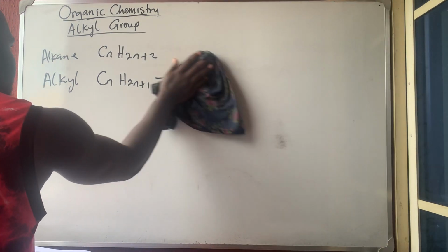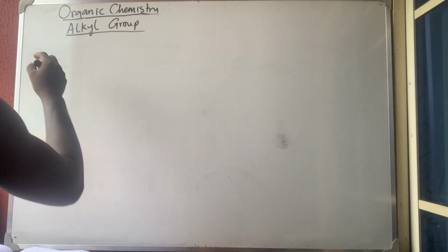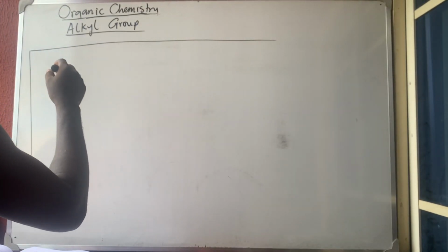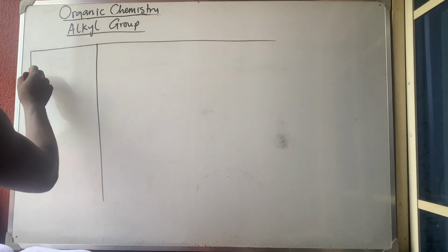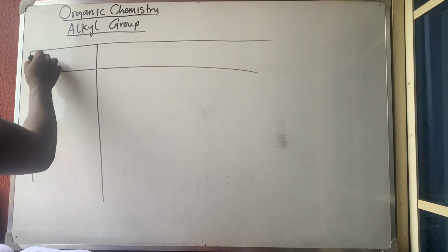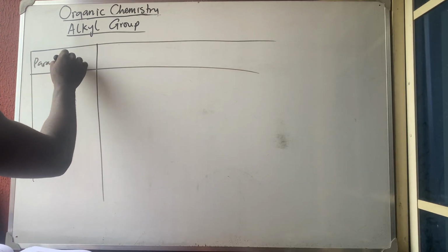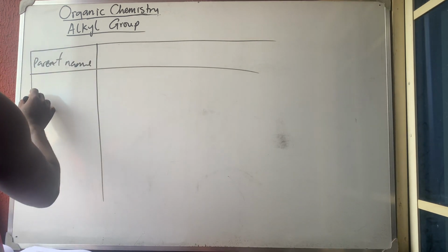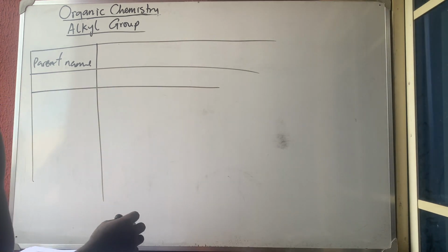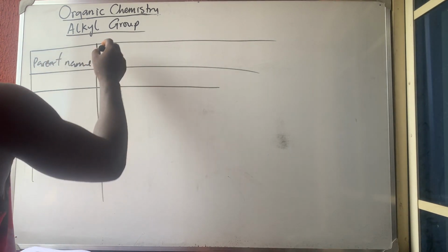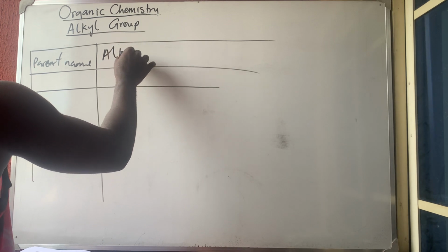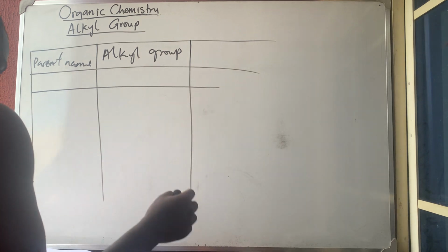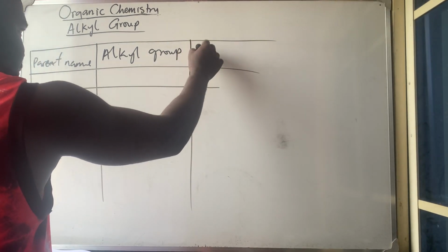We have the parent name, the alkyl group, and then the formula.